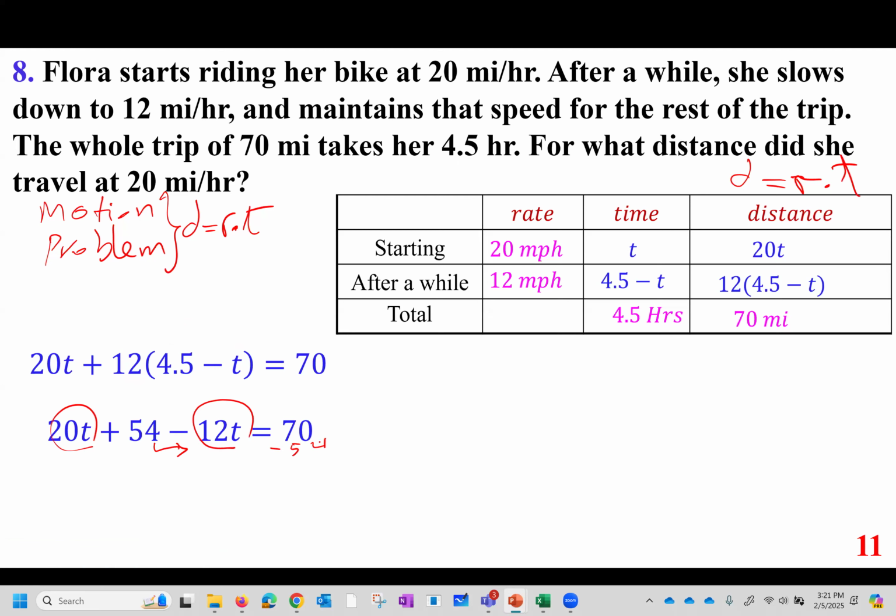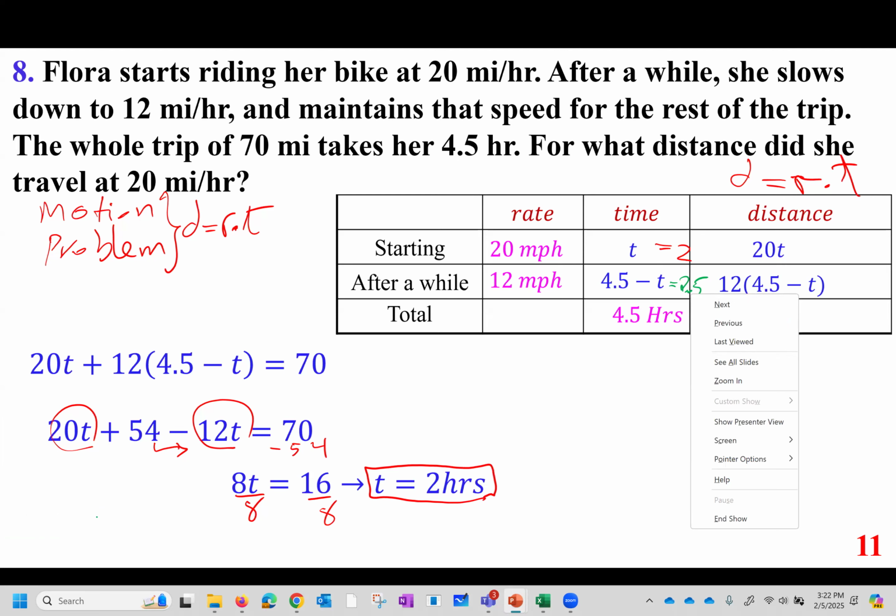Move the 54 and subtract it from 70. You get 16. Divide by 8. The T is 2 hours, which means the time is 2 hours here, and the rest of it, 4.5 minus that, 2.5 hours is here.